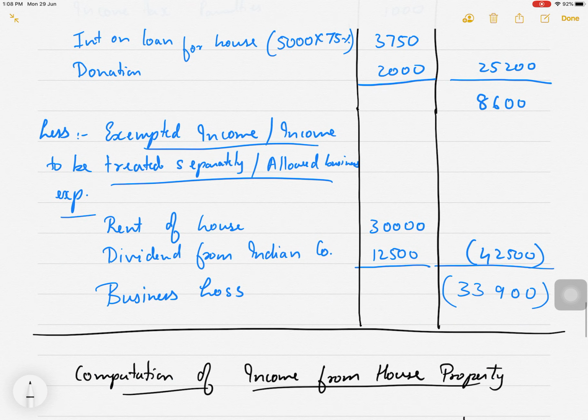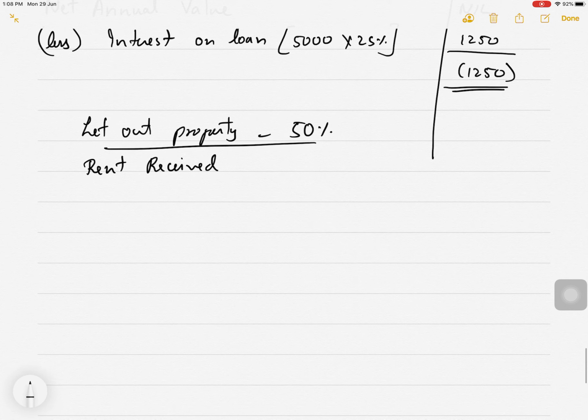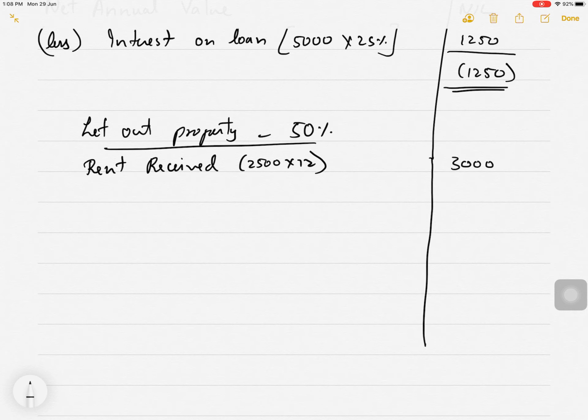That is your actual income. Received or receivable. So rent received is 2,500 into 12, which is 30,000.